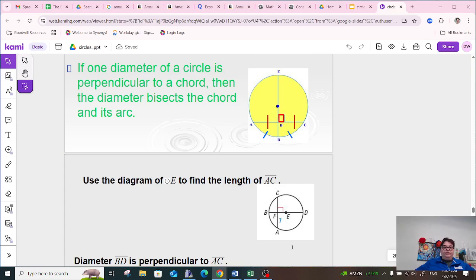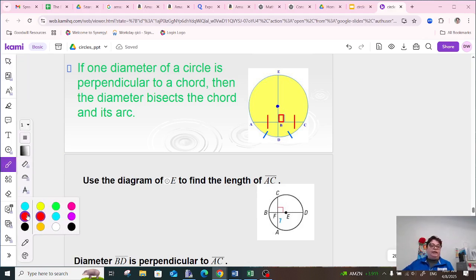So it's asking, use the diameter E to find the length of AC. Well, if this is the diameter, which it is because BD goes through the center E, and I see that this makes a right angle, then these two pieces have to be equal.